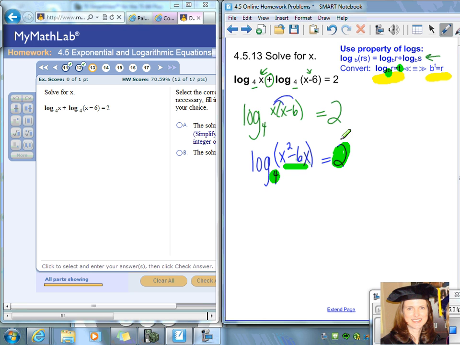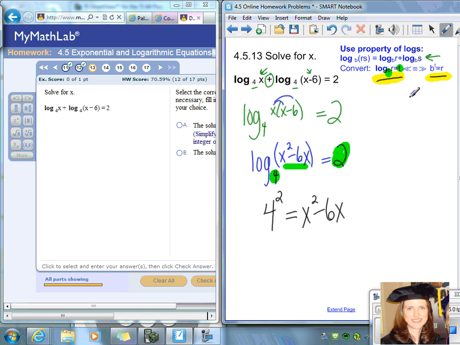So we can convert to exponential form. The base is 4, the exponent is 2, and that has to equal the argument x squared minus 6x. So essentially we took it in this form and converted to this form.